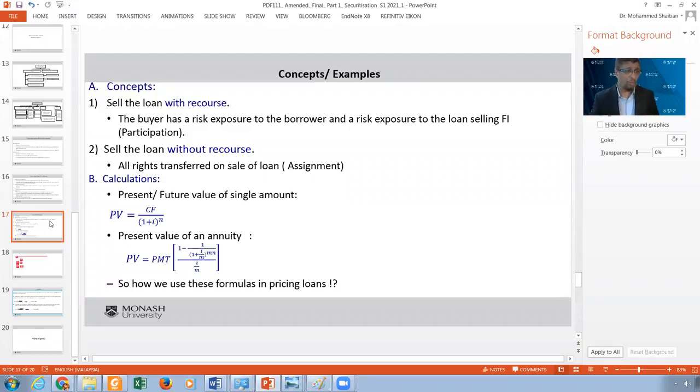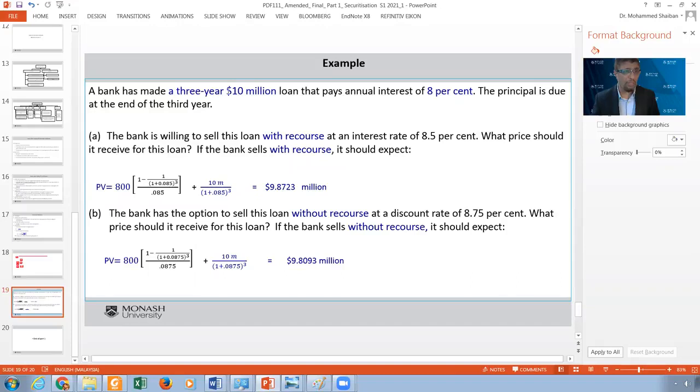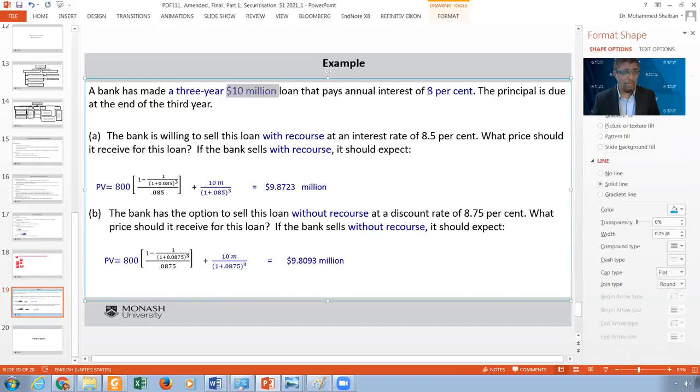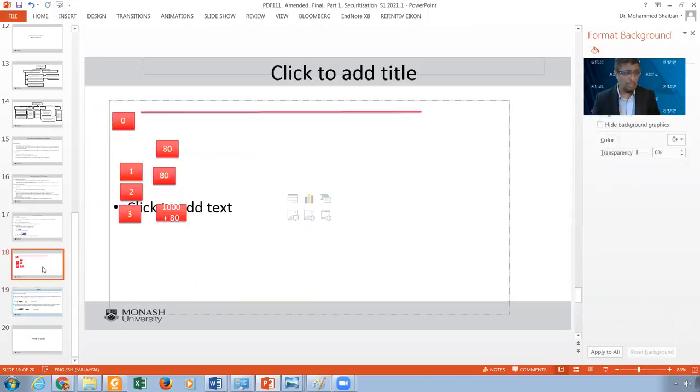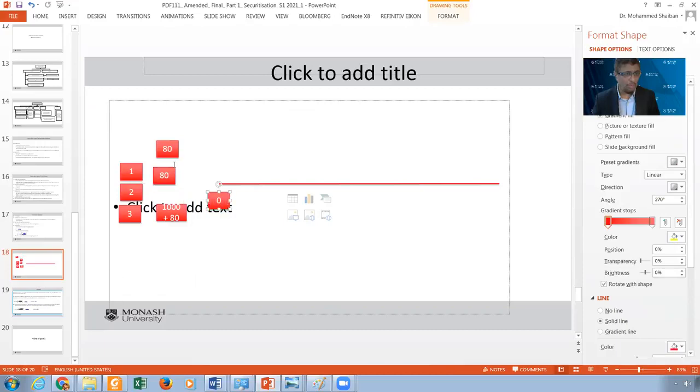So if you have a loan of, for example, 10 years, 10 million, paying 8%, and you want to sell this loan today, let me present this in a graph to remind you of the cash flow. This is time 0, this is year 1, this is year 2, and this is year 3.